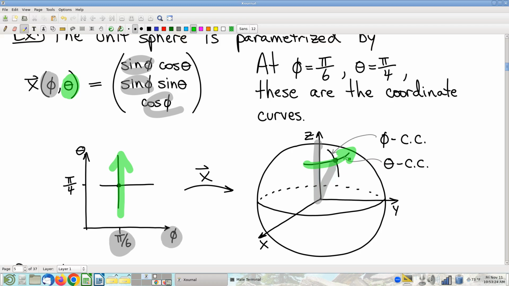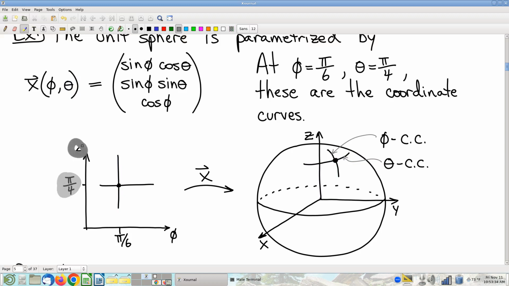Okay. And then likewise, if you go the other direction, just for the sake of completeness, what happens if you fix theta? Right, so now theta is not allowed to change. Now this is a constant and that's a constant. And with theta fixed at that value, I better draw that in this picture here.